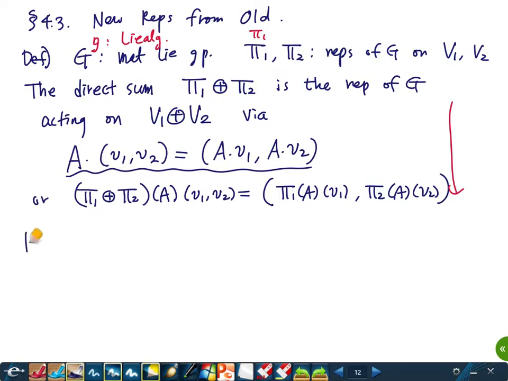I assume that you have basic knowledge of tensor products. So let's recall just one simple thing.